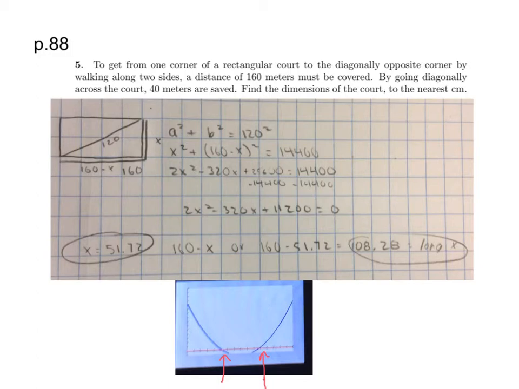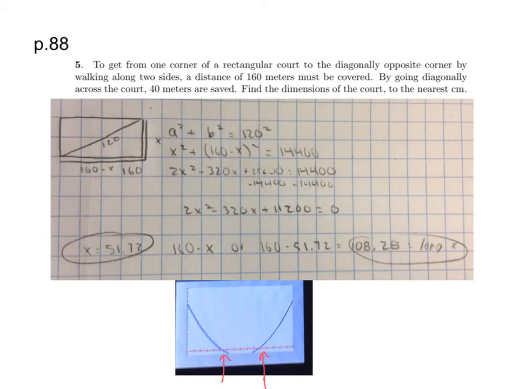You plug that into the calculator, which I did here, and then you have to find one of the x-intercepts. The one that I found was x is equal to 51.72. Then to find the second one, you subtract x from 160. So you get 160 minus 51.72 is 108.28, which is equal to the longer side.